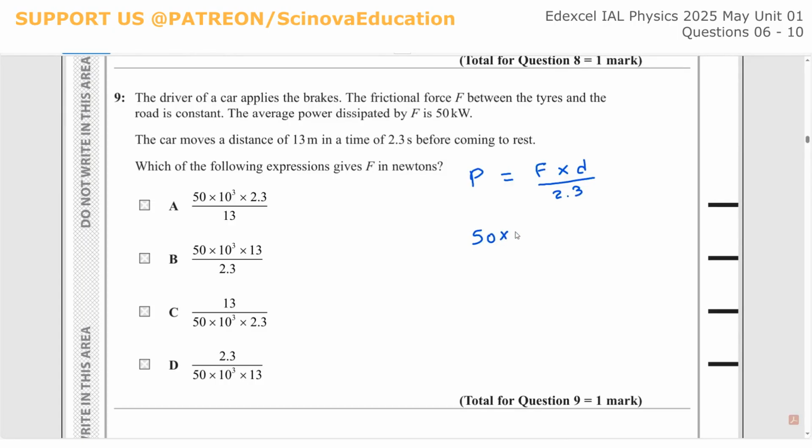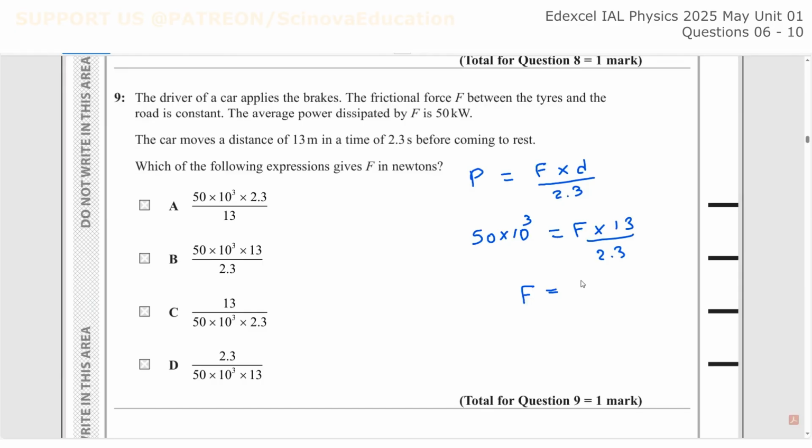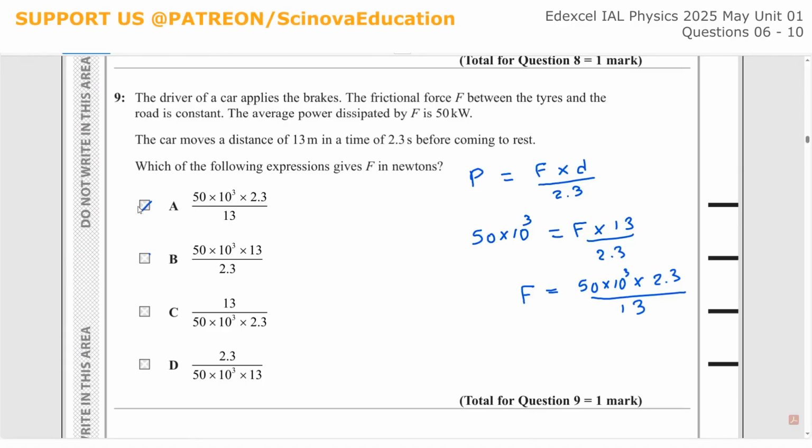So that would be 50 times 10 to the power 3, since when we convert kilowatts into watts, equals force, which we don't know, times the distance of 13 meters, divided by the time of 2.3. If we make F the subject, we get 50 times 10 to the power 3 times 2.3 divided by 13. So the answer should be option B. Sorry, option A.